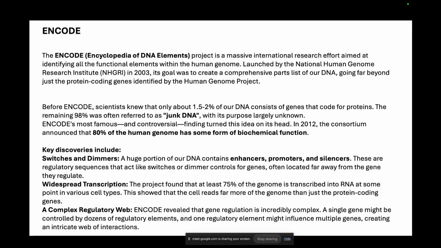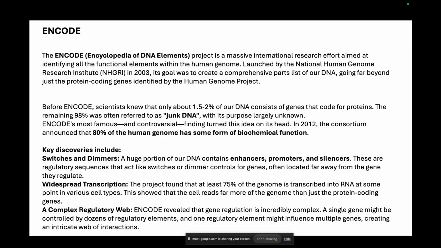So key discoveries included enhancers, promoters, and silencers. These are elements of the DNA which are not part of the gene, and are present much further upstream of the gene, but they correspond to the functional expression of the gene.